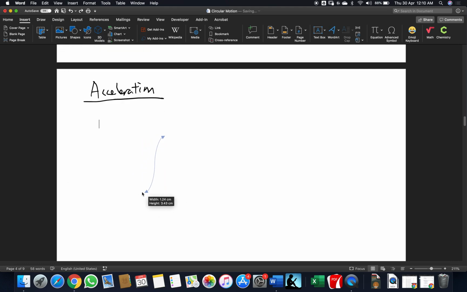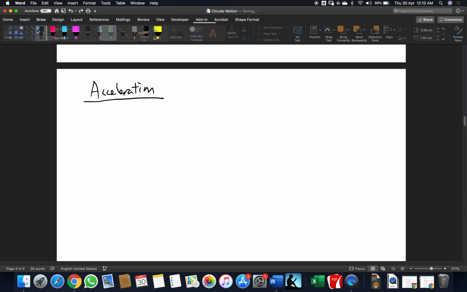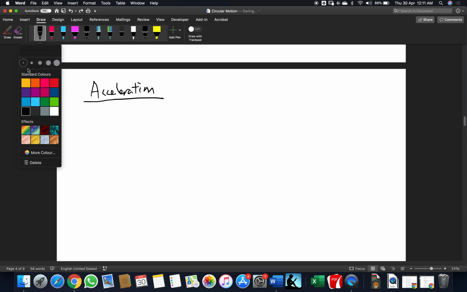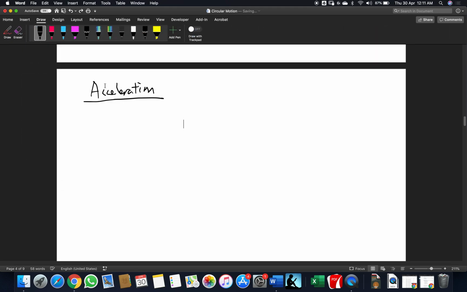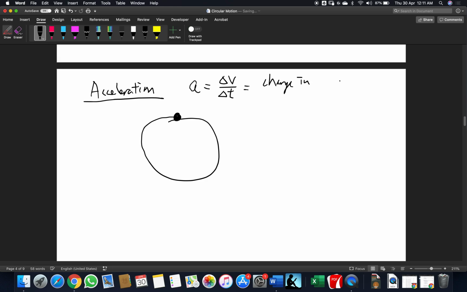Sorry, I'll draw it by hand to save time. If an object is moving in a circle, is there any acceleration? Recall the definition of acceleration: change in velocity divided by change in time.